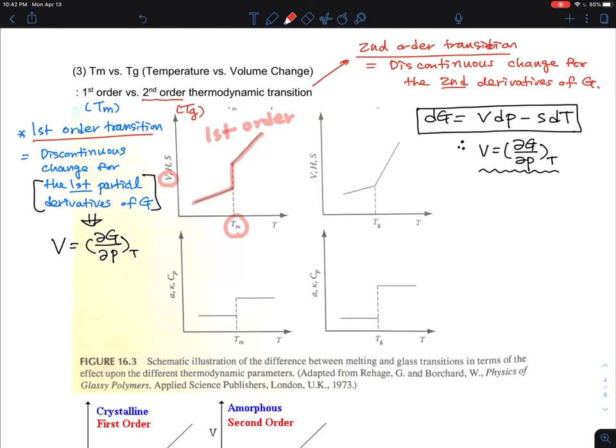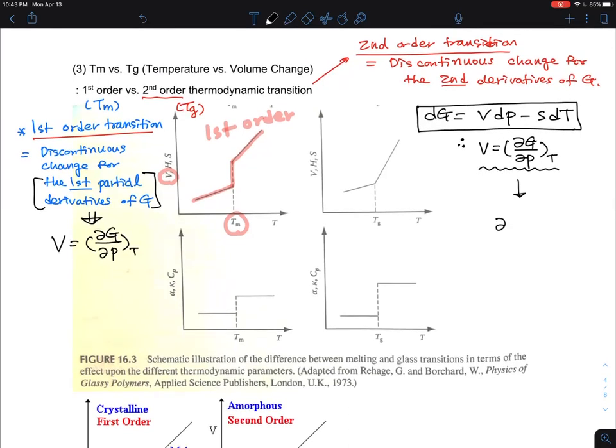And then if you're looking at the meaning of the second order transition, as an example, let's see, round V over round T, round volume under constant pressure.